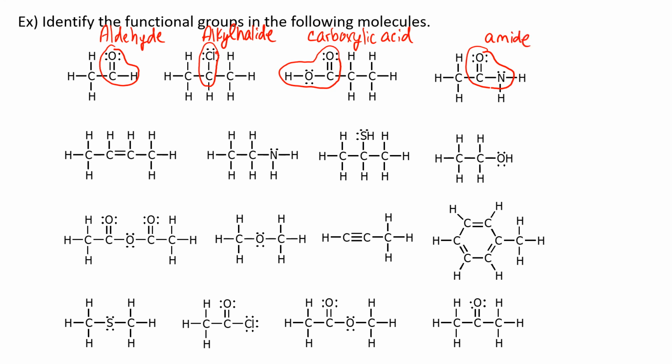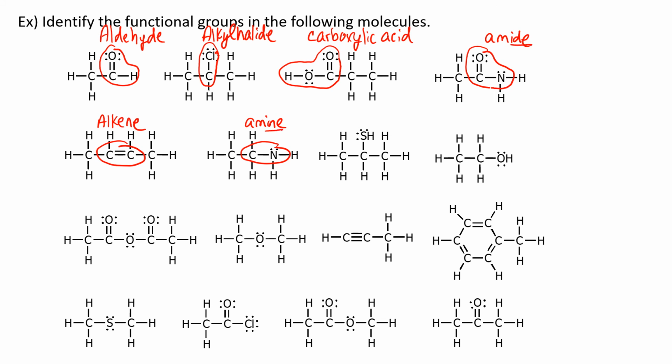In our next molecule, we have just a carbon-carbon double bond. That's an alkene. Next, we have a nitrogen attached to a carbon with no carbonyl. So that is an amine. Make sure you differentiate amines from amides.